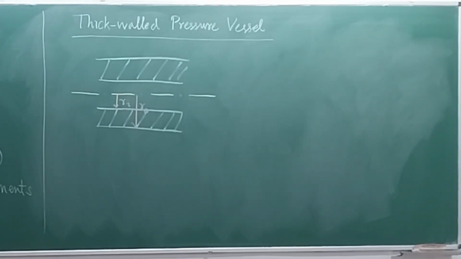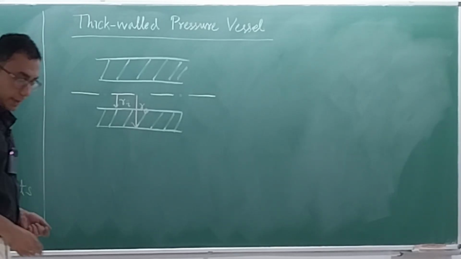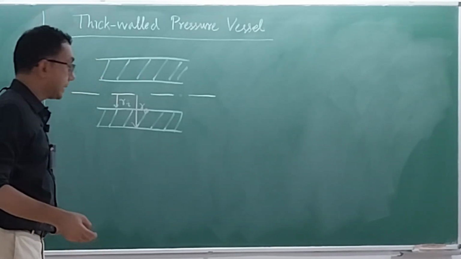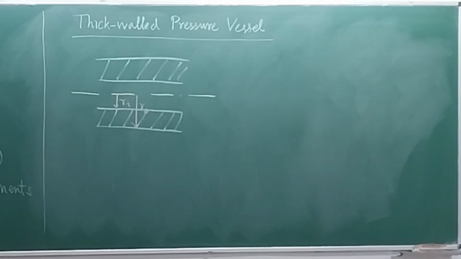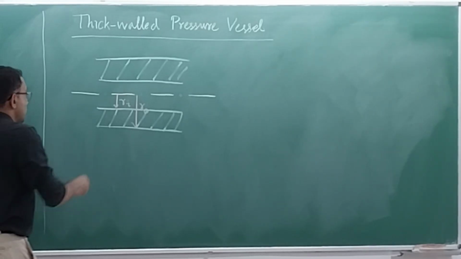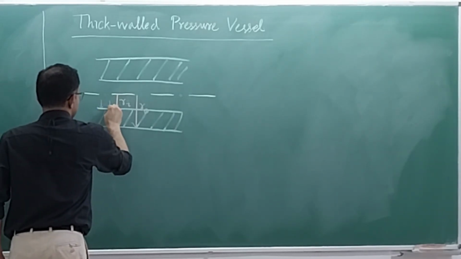Now see, the pressure here in general may be acting from the inside due to the pressurized fluid. It may also in general be acting from the outside. For example, in the case of a submarine, you have enormous pressure from the outside. So you have pressure from the inside like this.